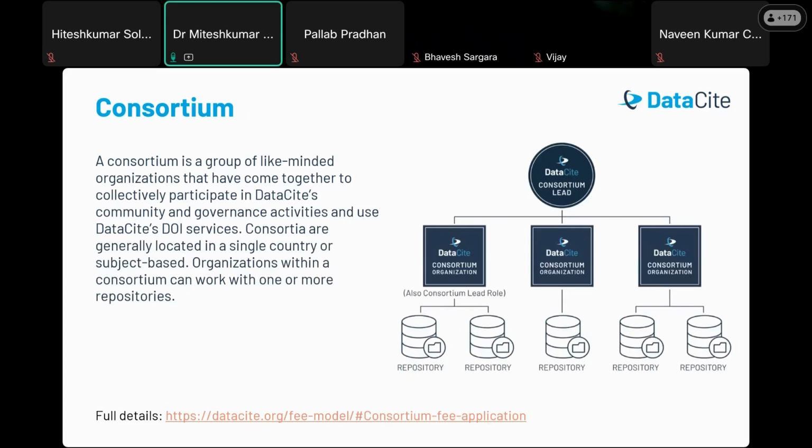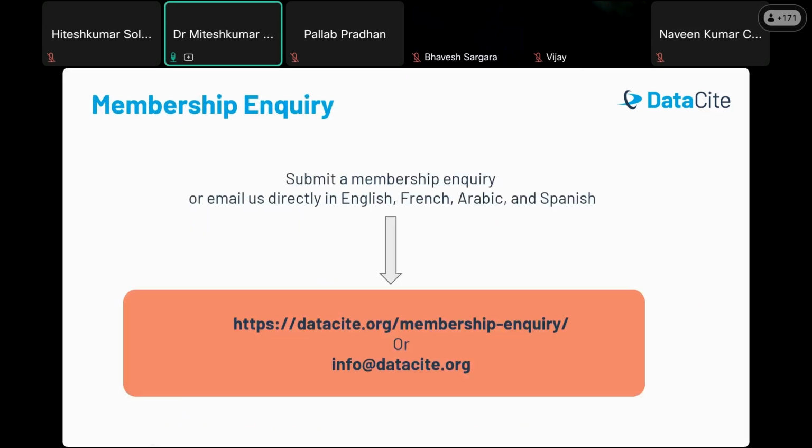If you take an example of an IIT, one IIT has different repositories that can become a part of that. So in one consortium organization, there are multiple repositories, and another consortium organization has one or multiple repositories, and all this can be led by the consortium organization. So this is just an example. There is a consortium membership fee available.